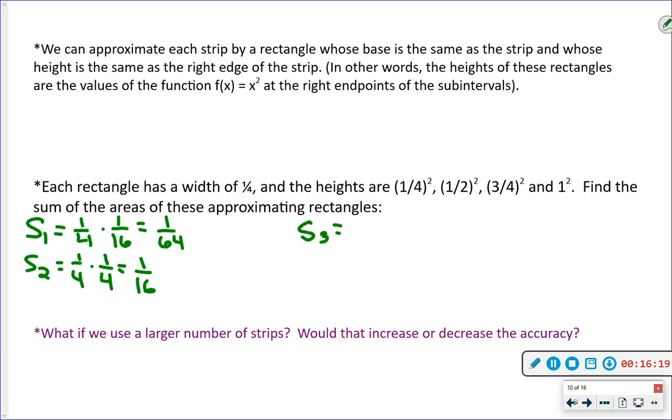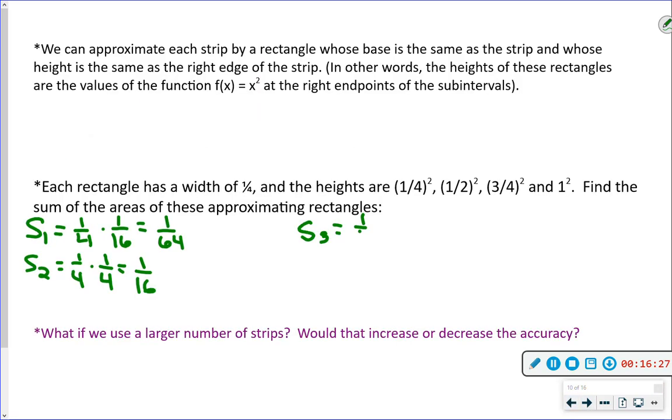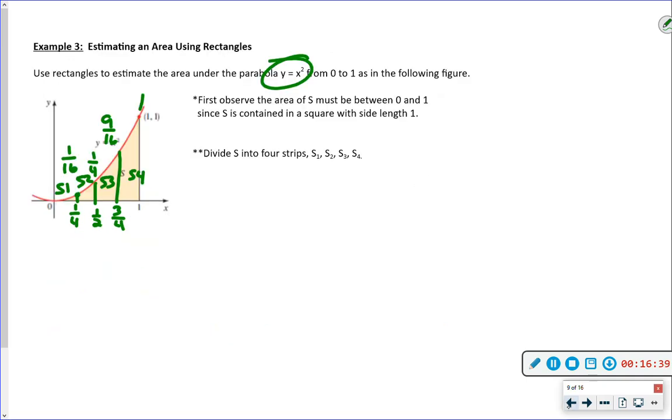For my third one, the width is still 1/4, the height was 9/16. So 1/4 times 9/16 gives you 9/64. And the last rectangle, the width is 1/4 and the height is 1, that's easy, 1/4 times 1.